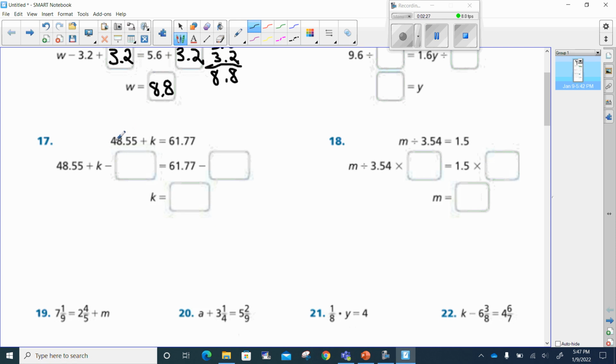So to get rid of a positive 48.5, I'm going to subtract 48.5. I'm sorry, 48.55. And remember, whatever I do to one side of the equal sign, I have to do to the other side of the equal sign.